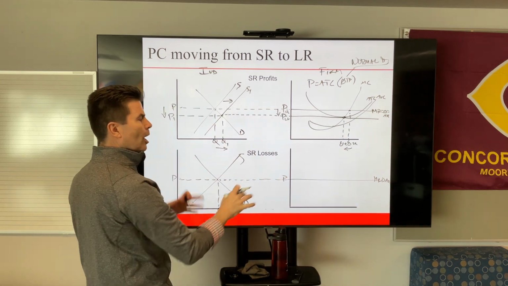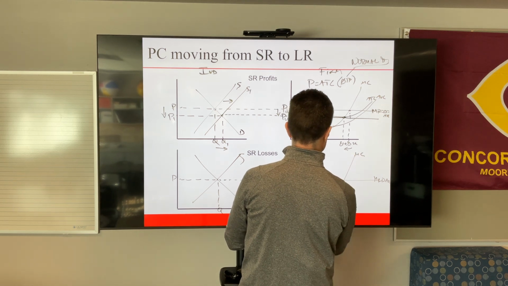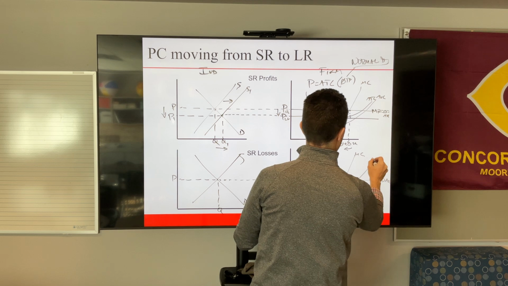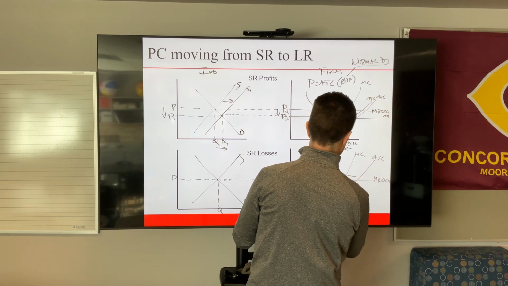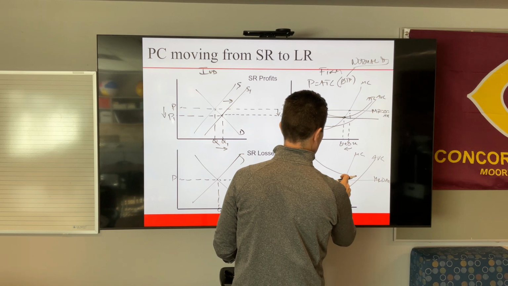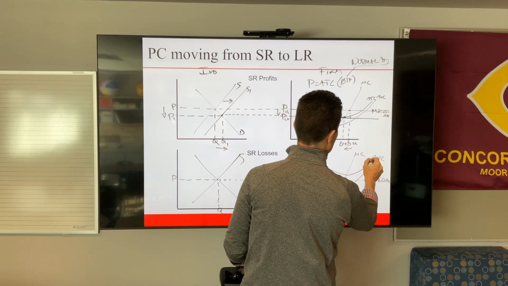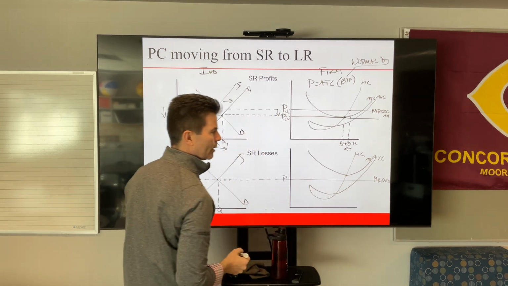So your MR equals D equals AR is in here. And I'll add in my marginal cost, my AVC, and now I have to add in my ATC. And you can see the minimum of this is up here.